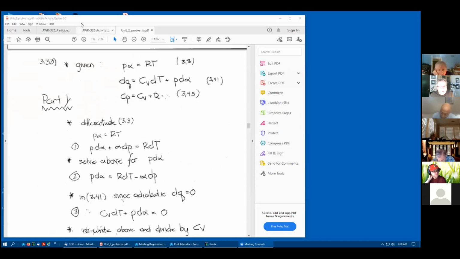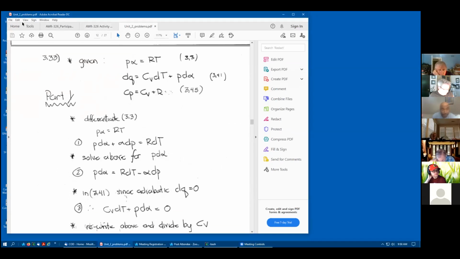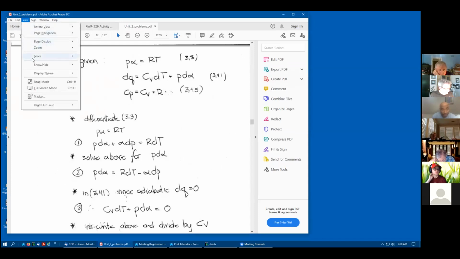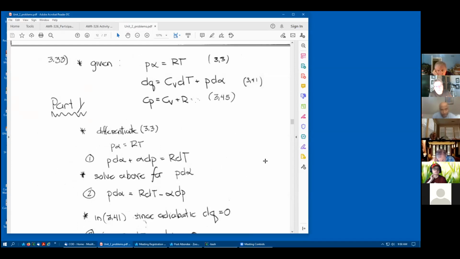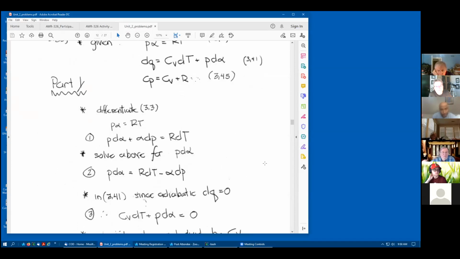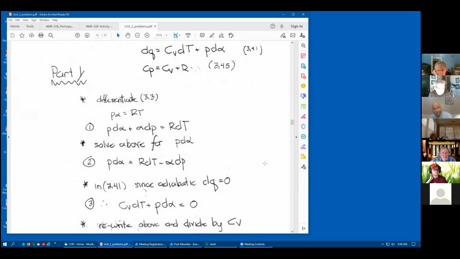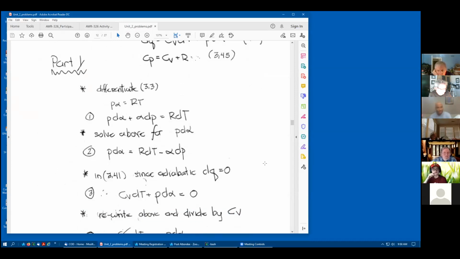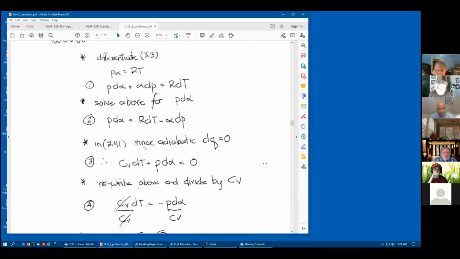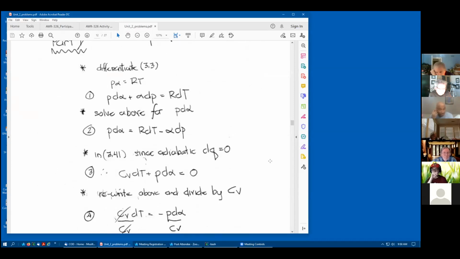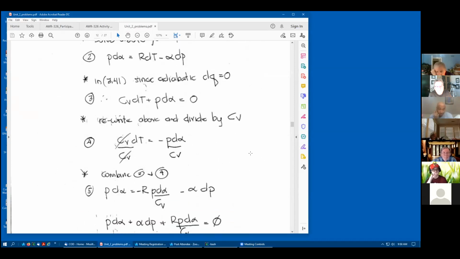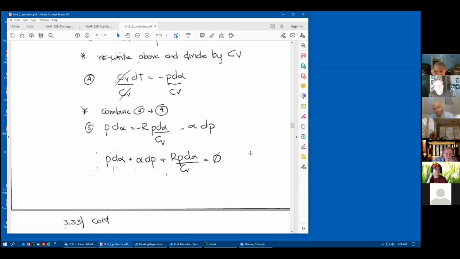Okay, here's what I did. There's the 3 equations. Differentiate 3, solve for P d alpha. And 3, 4, 1 dQ, it's adiabatic, so we can make that assumption. Then I rewrote and divided by CV.